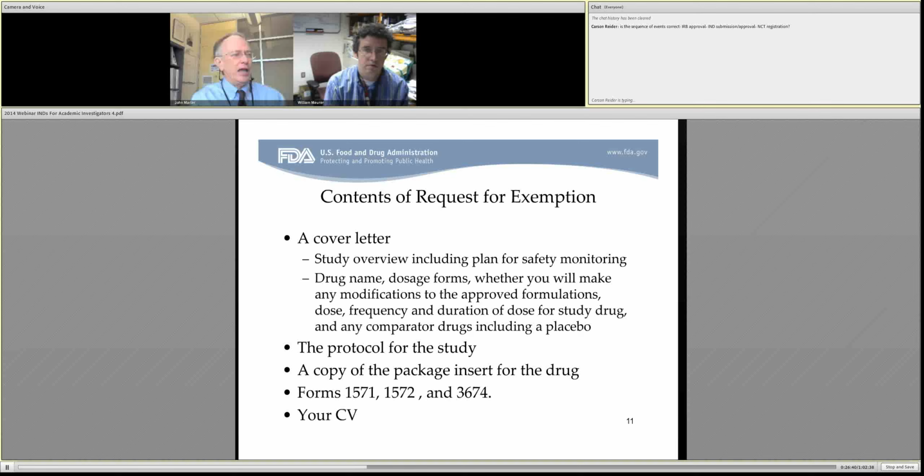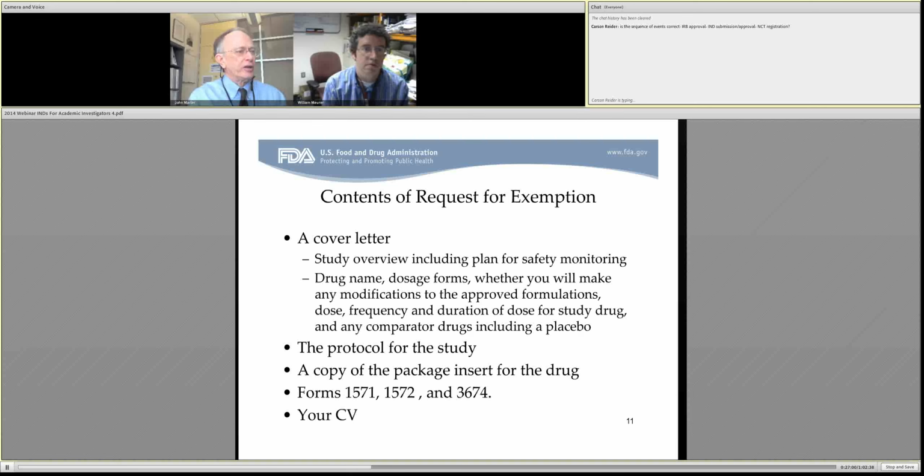I added that because we get a lot of cover letters that describe at great length the mechanism of the disease and how it's going to work and all the benefits it's going to have, but it doesn't say how you're going to keep from hurting patients. And that's what we really want to hear.